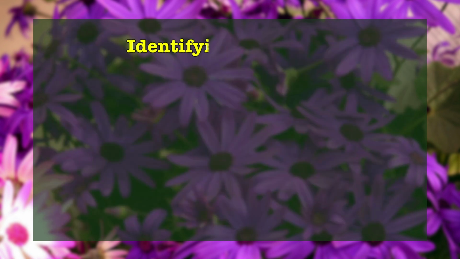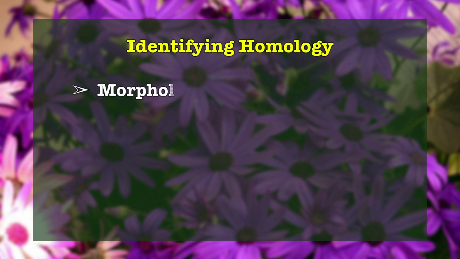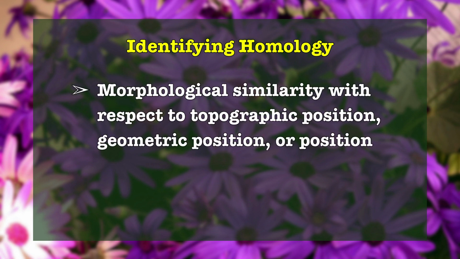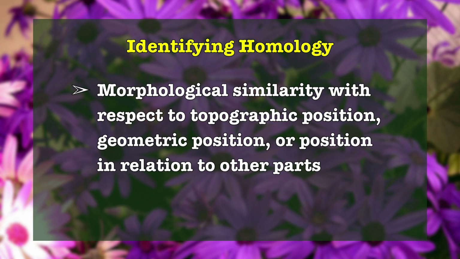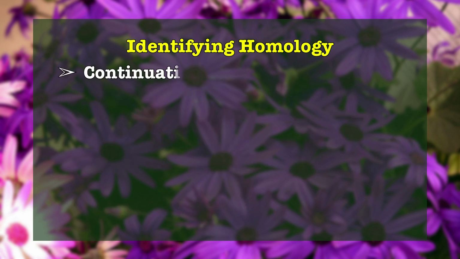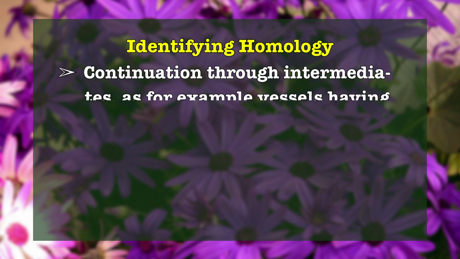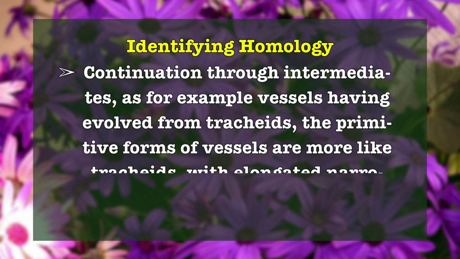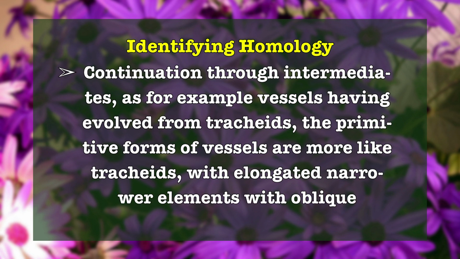The following criteria may be helpful in identifying homology in practice: morphological similarity with respect to topographic position, geometric position, or position in relation to parts; similar ontogeny; continuation through intermediates, as for example vessels having evolved from tracheids. The primitive forms of vessels are more like tracheids, with elongated, narrower elements with oblique end walls.